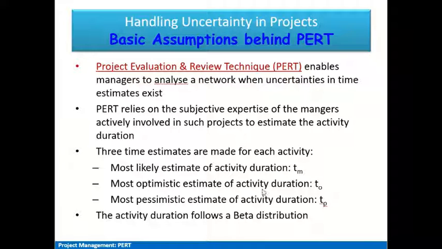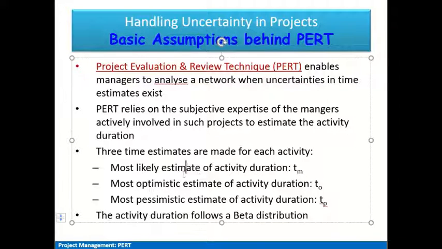So the optimistic represents the best case scenario, the pessimistic denotes the worst case scenario, and then we have the most likely. So three activity durations: T_M, the most likely estimate; T_O, the optimistic estimate; and T_P, the pessimistic estimate of activity duration. These three time estimates are made for each and every activity involved in a project.